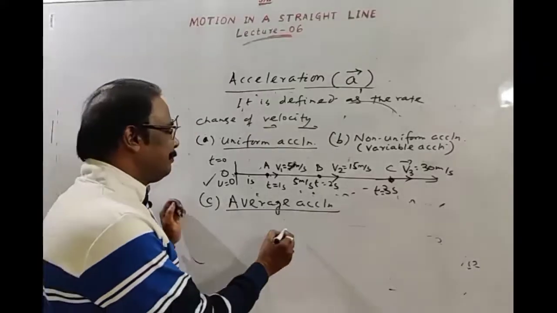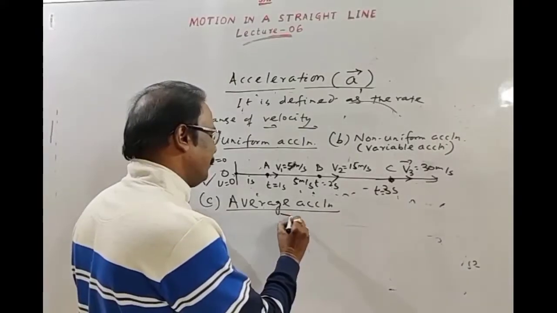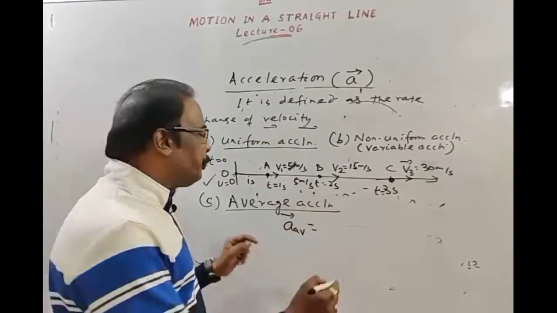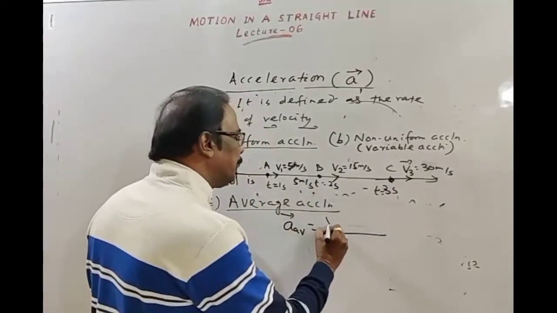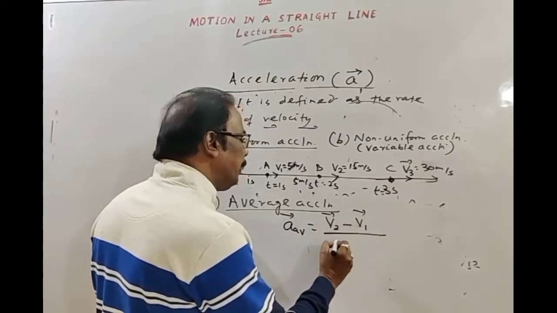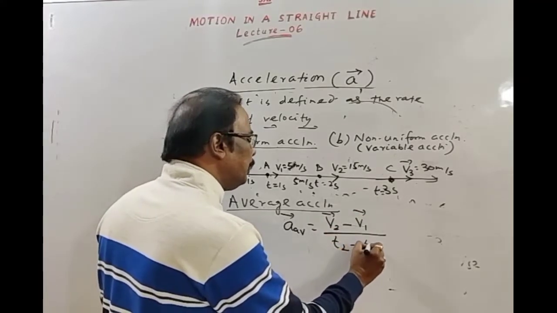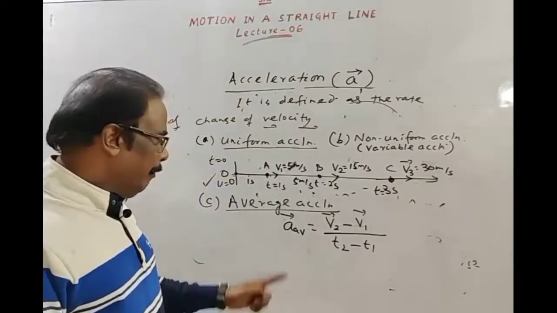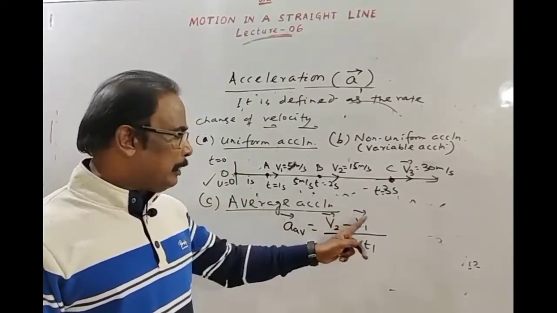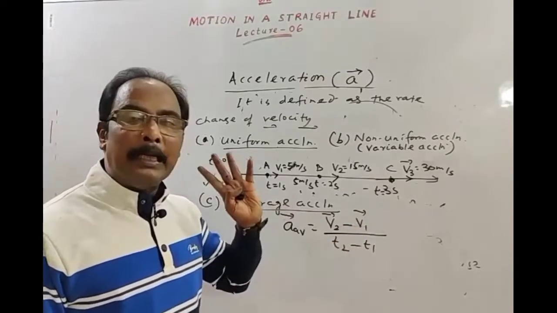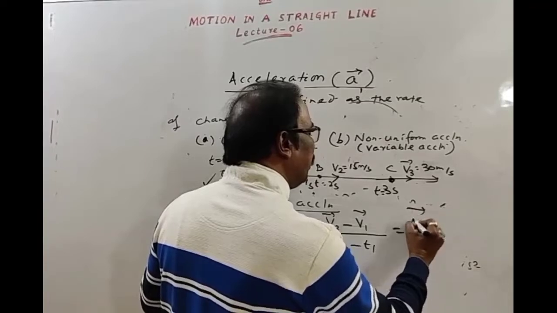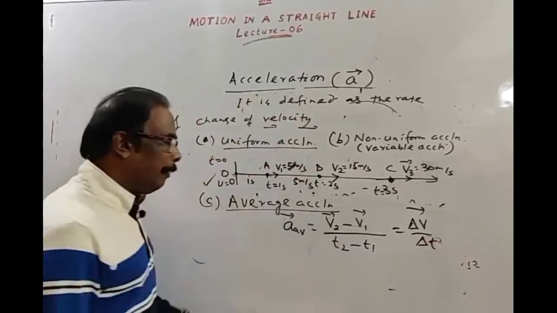It is defined as the ratio of total change in velocity to total change in time. Let final velocity be v2, initial velocity v1, final time t2, initial time t1. We may write it as delta v divided by delta t.